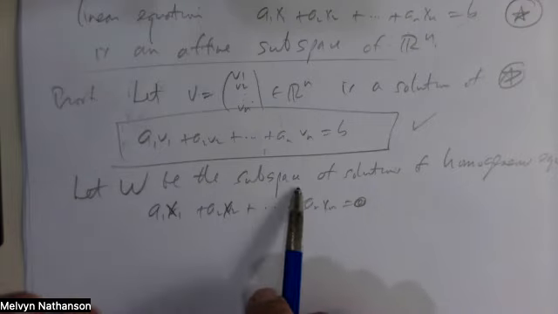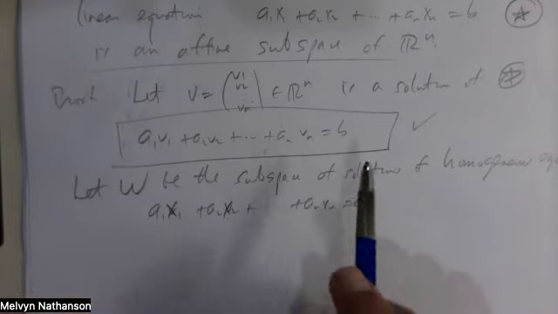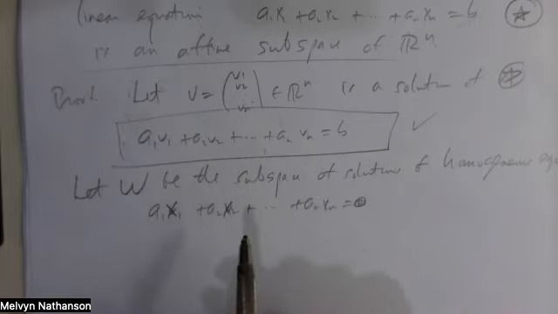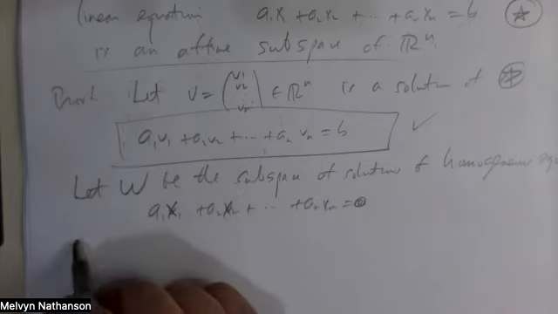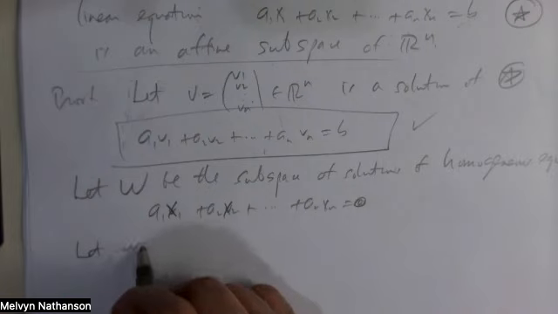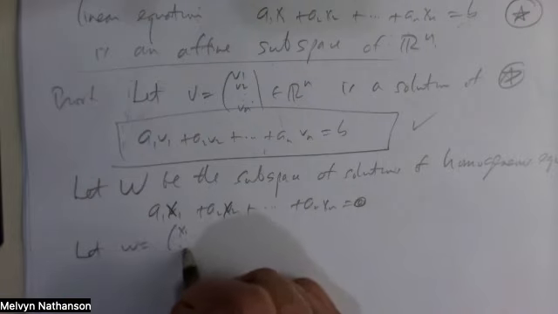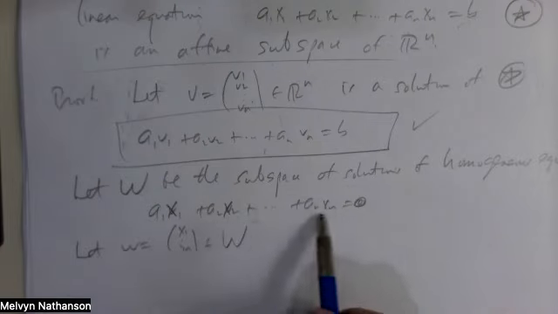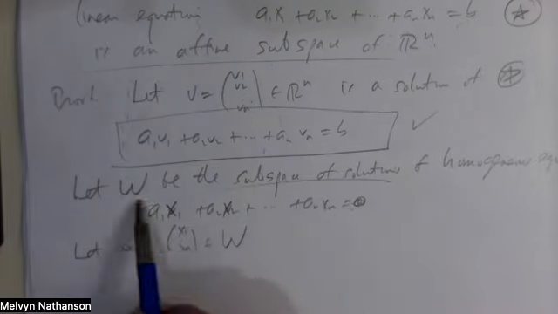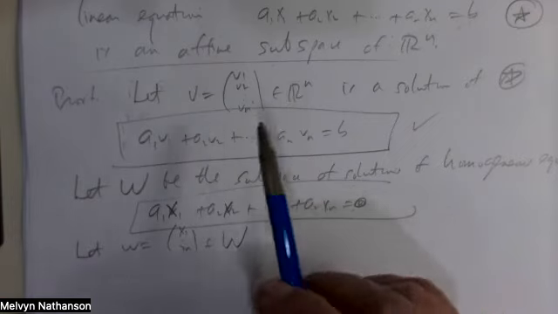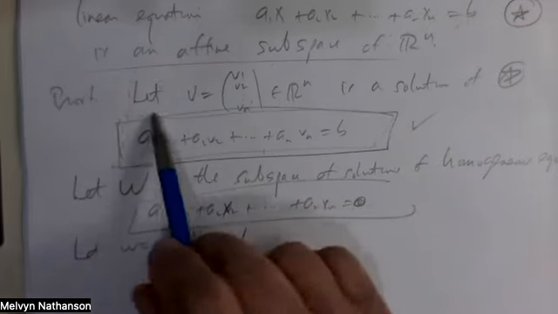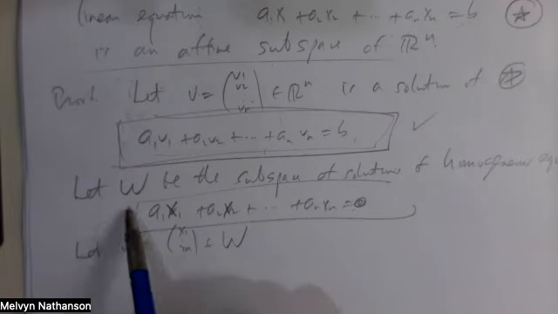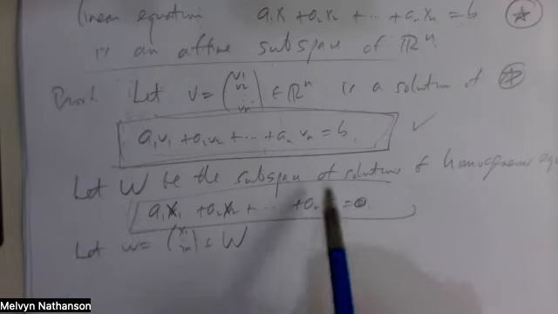So let W be the subspace of solutions of the homogeneous equation. And that W, with x1 down to xn, this is a vector in W. So this equals 0. Now, I have this equation, this equals b. I have this equation, this equals 0.